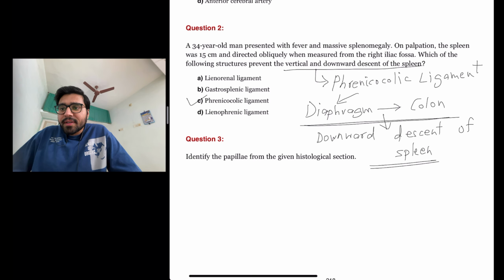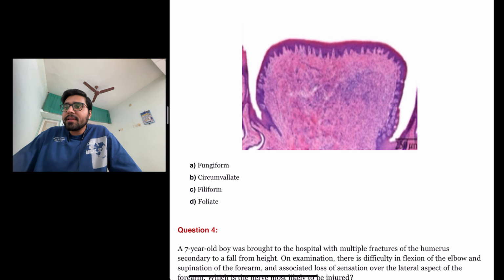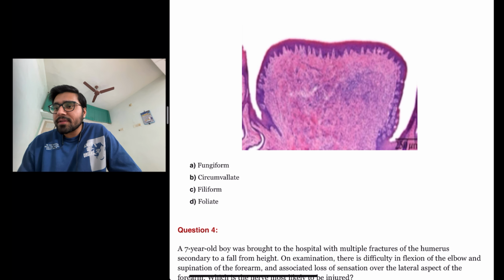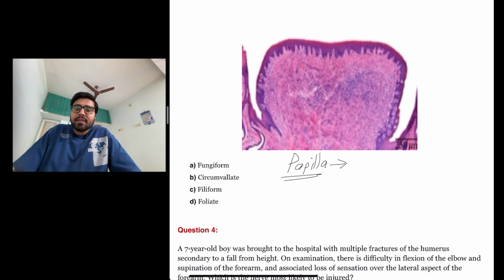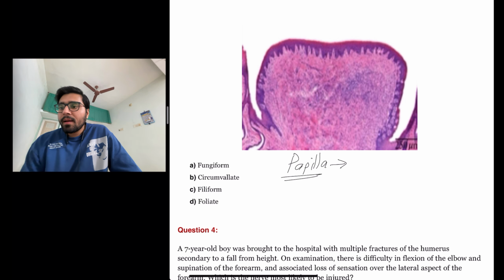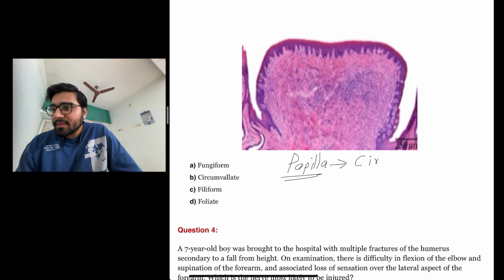The next question is: identify the papilla from the given histological section. So this is the histological section. The papilla that is given in this histological section is the largest papilla of the tongue, and that is known as circumvallate papillae.